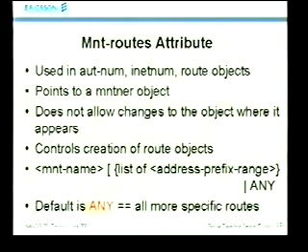The MNT routes attribute controls creation of route objects. Its syntax is a maintainer name followed by a list of address prefix ranges or ANY. The default is ANY, all more specific routes. Okay? All more specific routes.